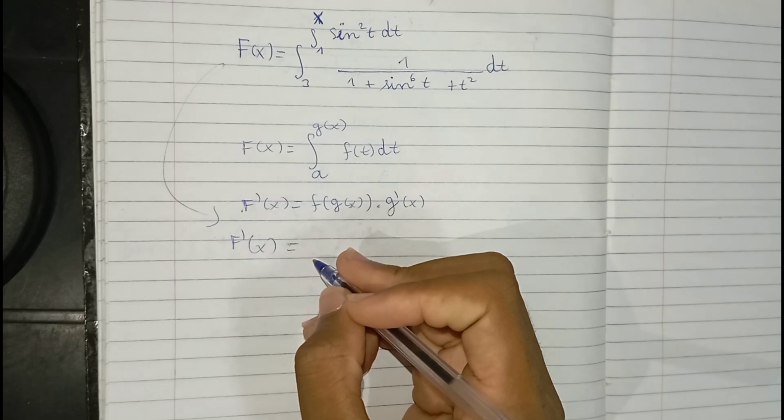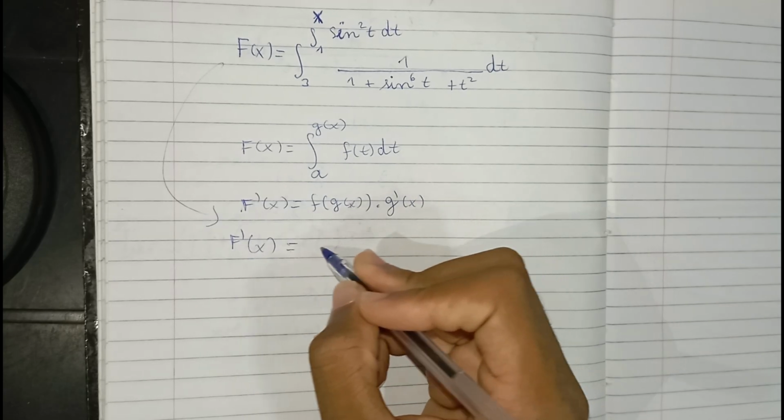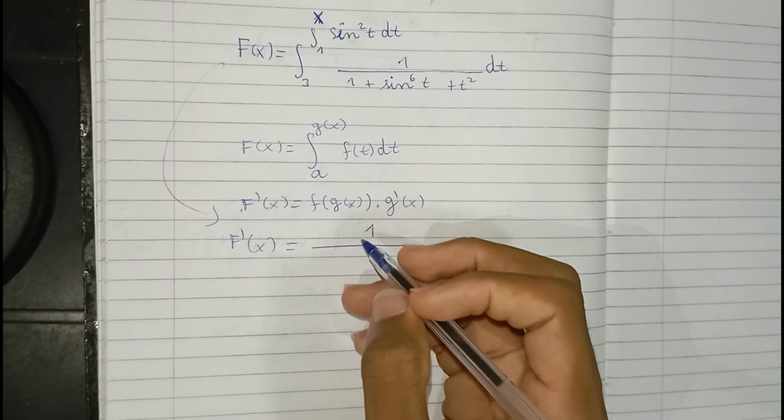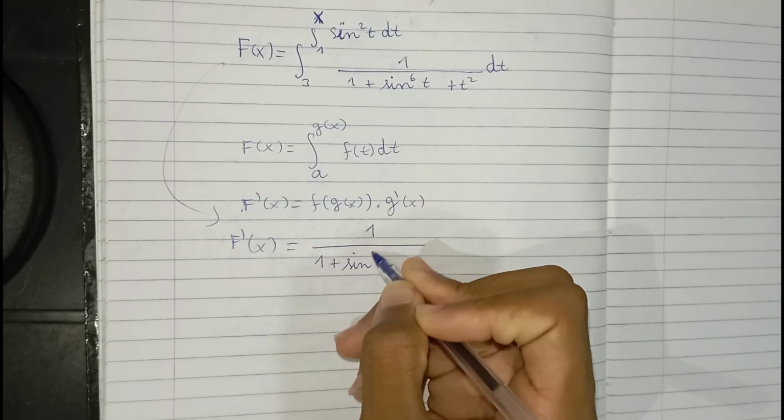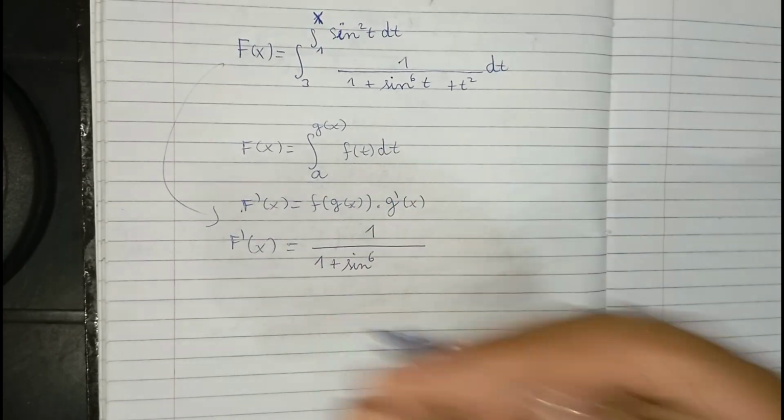So I get this. It's 1 over 1 plus sine to the power of 6. I'm going to replace g of x.